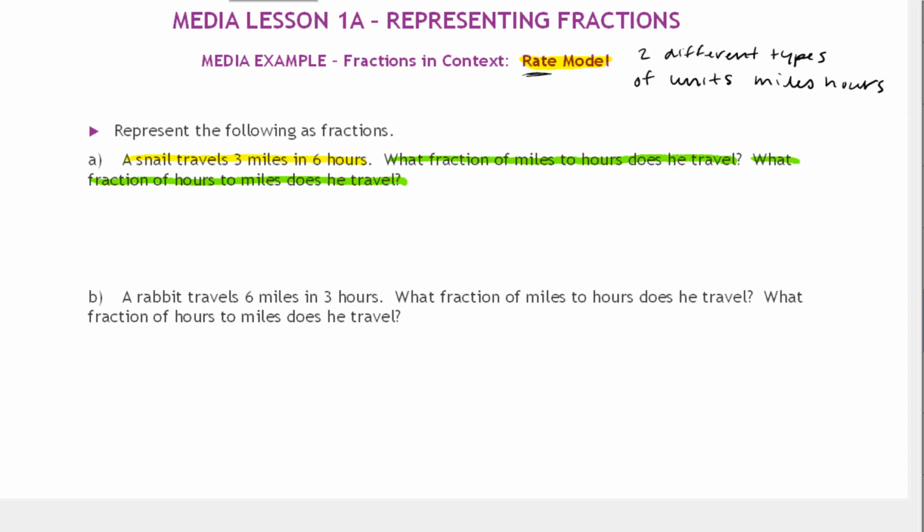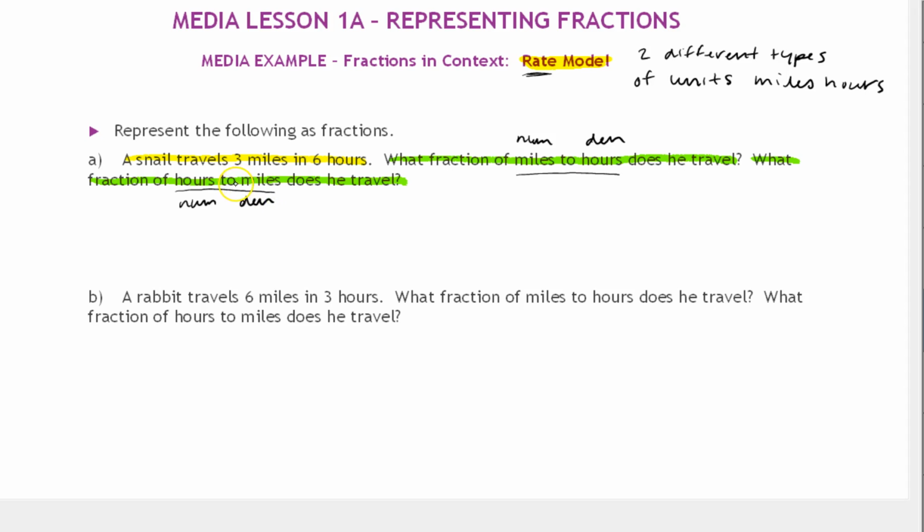So when we have rates, again, with fractions, the order matters, which one is the numerator and the denominator. Here we're asked miles to hours, which means miles will be the numerator and hours will be the denominator. And here hours will be the numerator and miles will be the denominator.